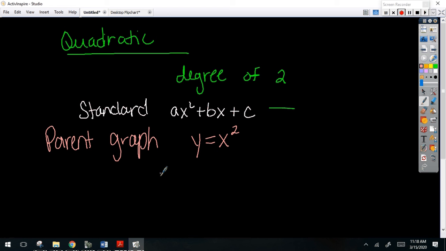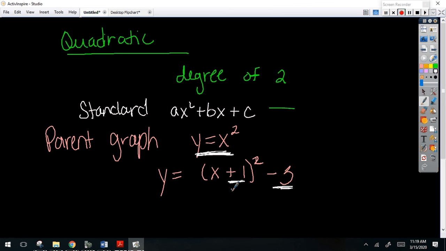So, for example, maybe I had (x plus 1) squared minus 3, right? And we know, based on our lessons and our studies of transformations, that this took our parent graph and transformed it. It just really slid it, because both of these are horizontal and vertical translations.